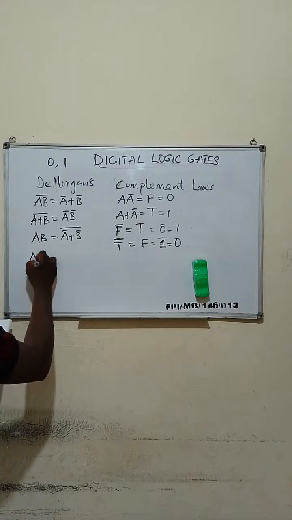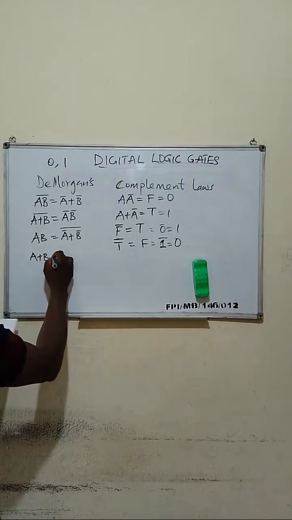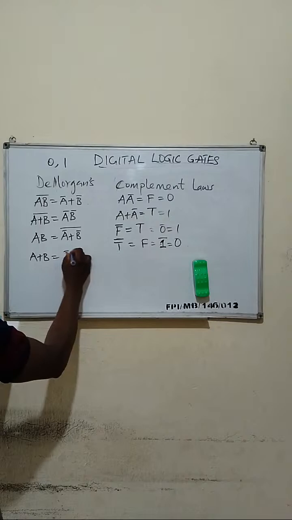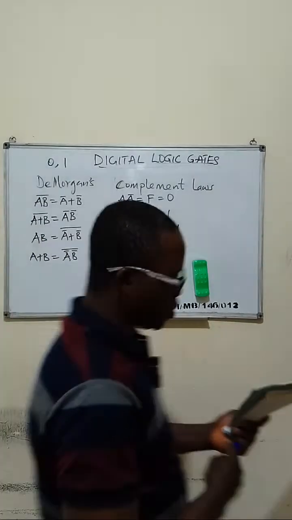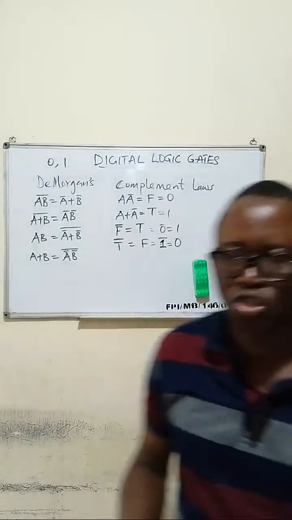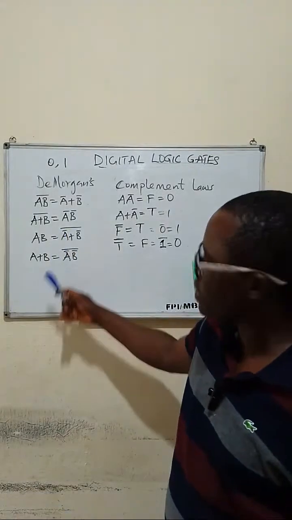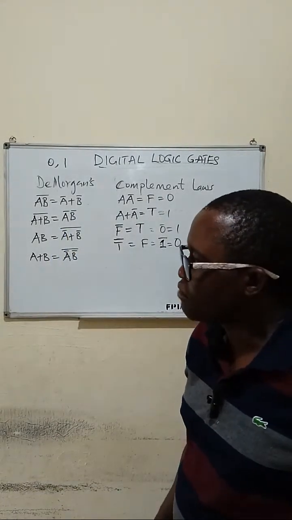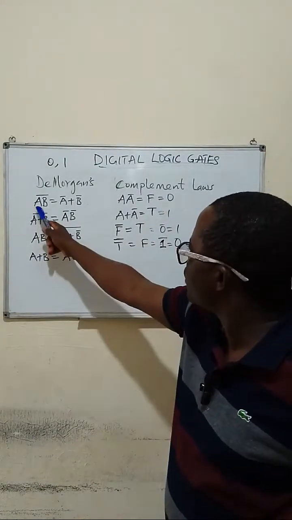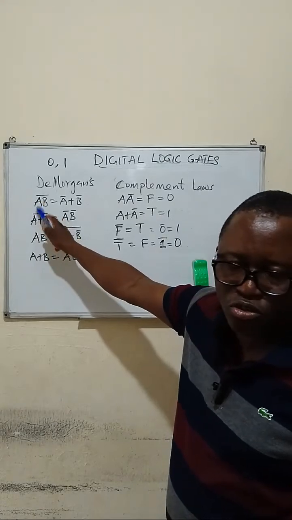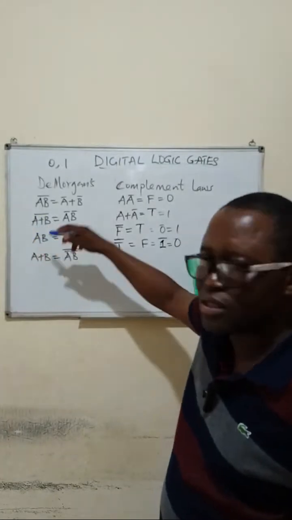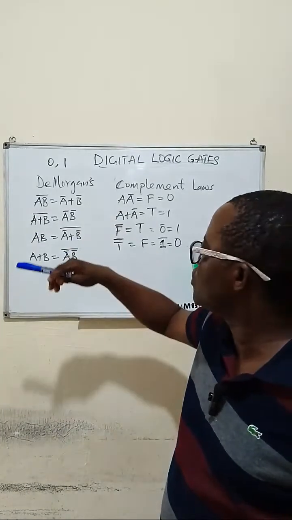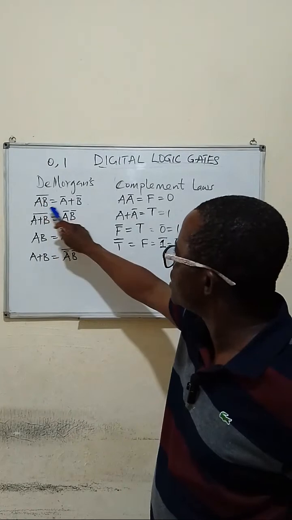And likewise, A plus B equals (A bar dot B bar) bar. Now I will explain this. De Morgan's theorem is telling us that when you have an inversion of a product, for instance, 2 inputs to an AND gate, when you take an inversion of it, the truth table value is the same as this.